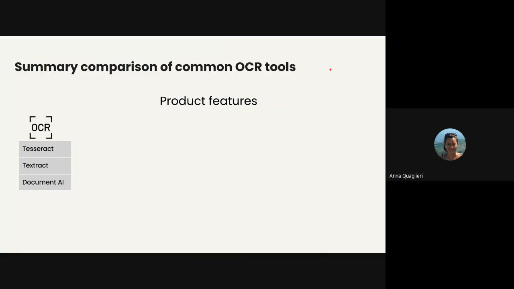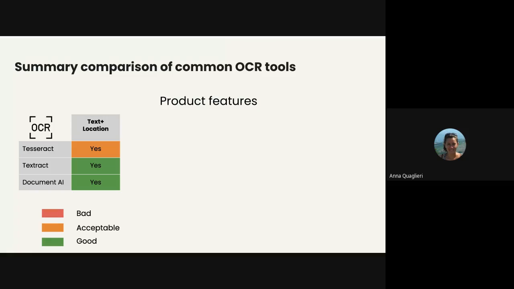So I would like to provide an overview summary of these tools, and in particular the ones that I've tried. I'm not going to touch on ABBYY FineReader and Azure because I haven't tried them myself. But if I look at these 3, all 3 tools will provide you with both the text and the location of the text on the page.